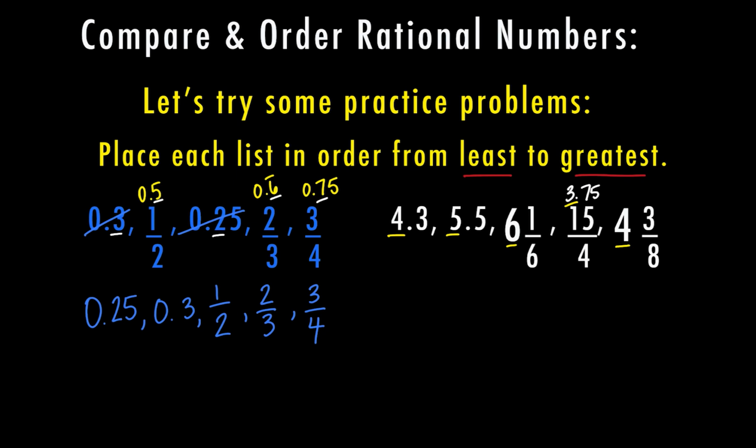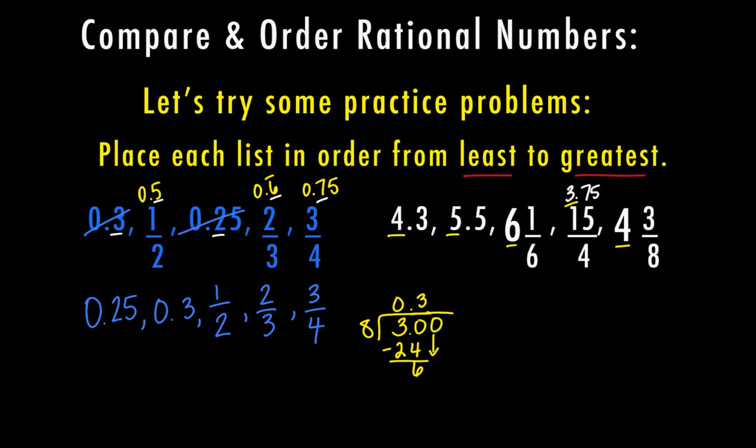So I'm going to divide 3 divided by 8. 8 does not go into 3, so I have a decimal, bring down a 0. 8 goes into 30 3 times, which equals 24. When I subtract, I have 6 left over.